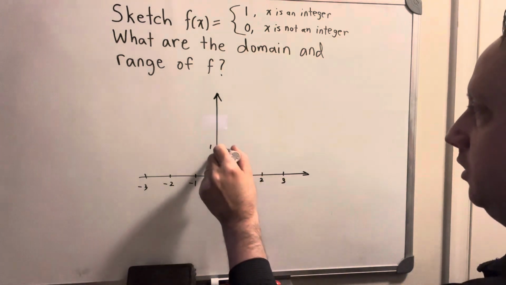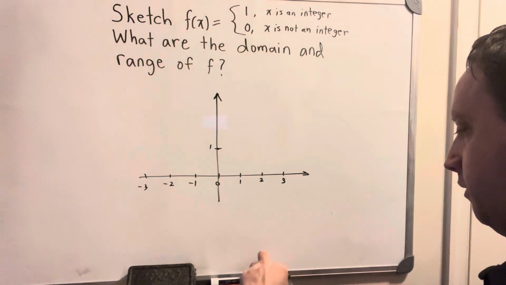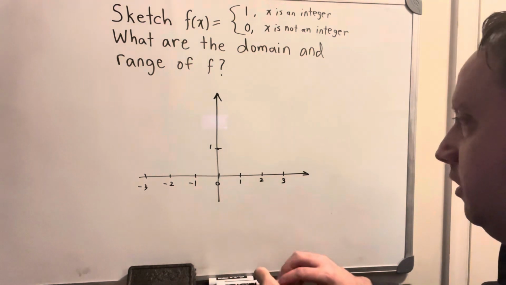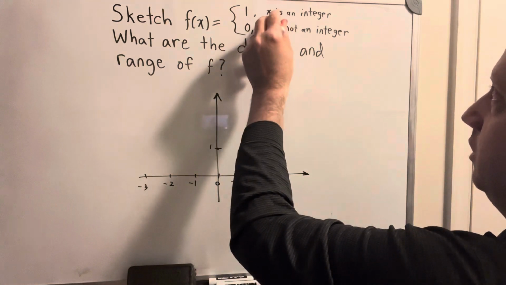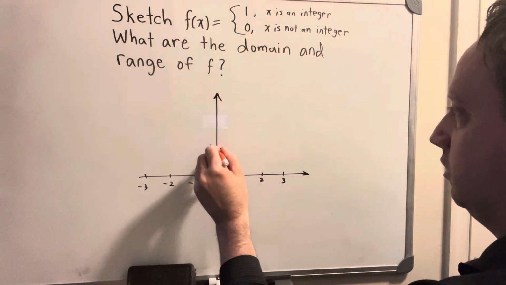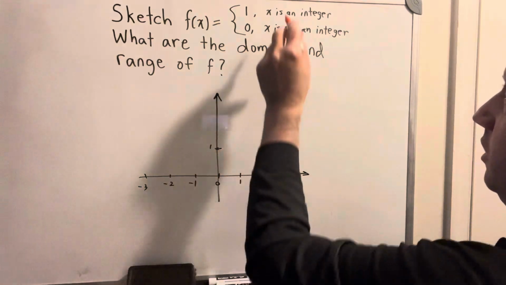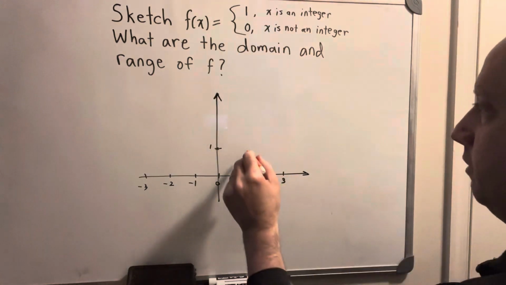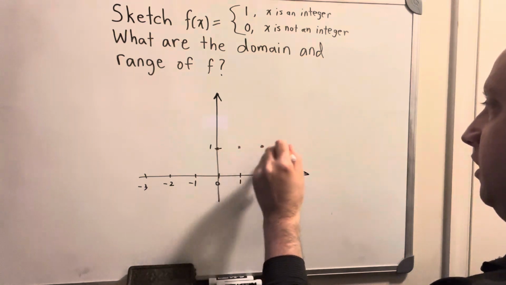You can use a different color for the function. So at 0, 0 is an integer, so the function's value is 1. At 1, x is an integer, so the function is 1. And so on.